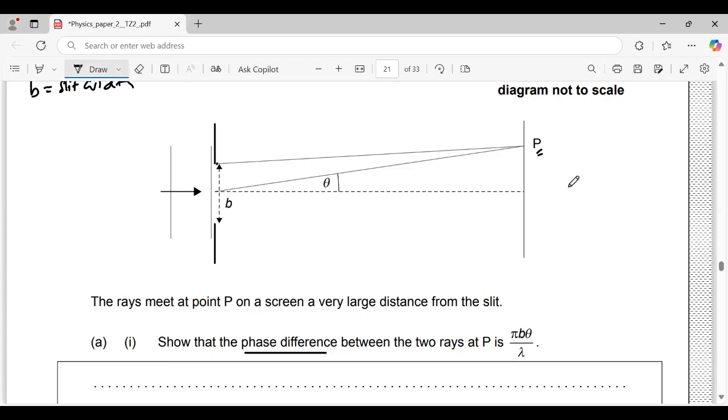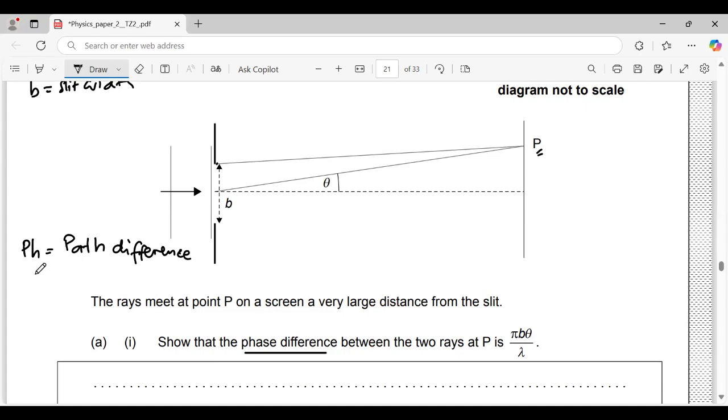Next, for small angles, the path difference, I would like to write, this is the path difference. For small angles, the path difference between the first ray and the second ray, we can approximate using trigonometry.